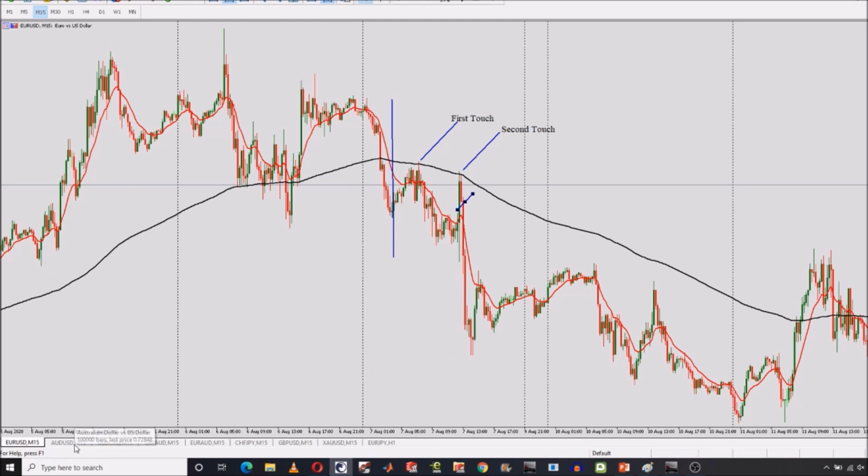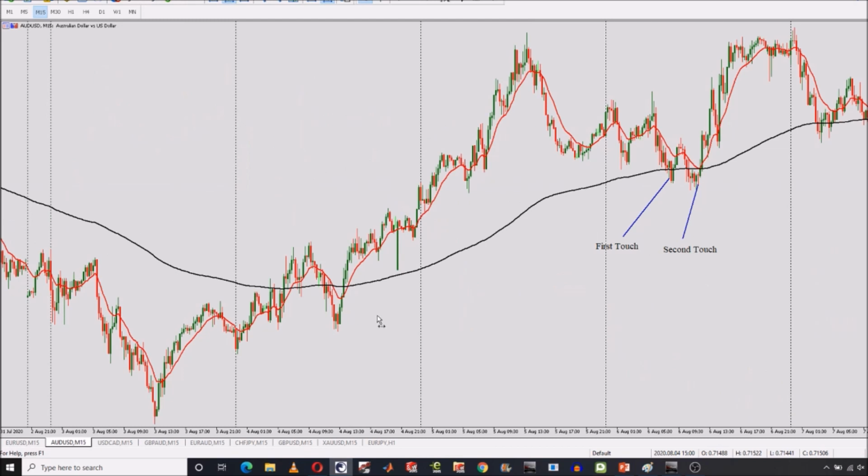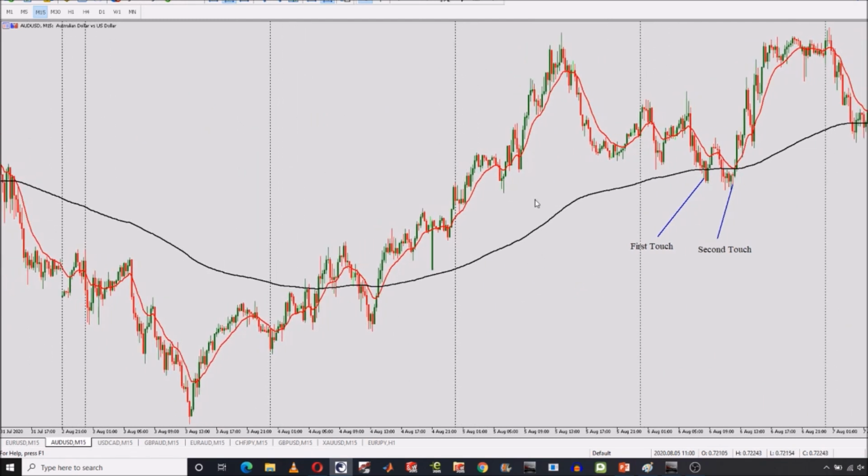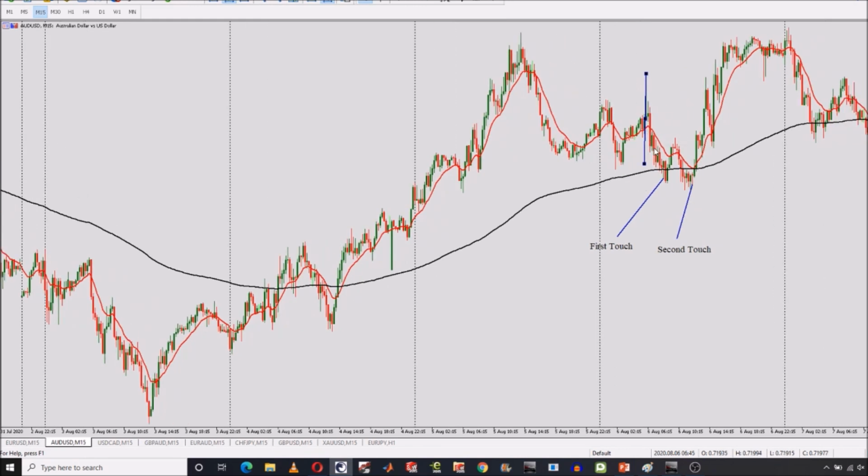So on our second example, this is euro against the dollar. After the Asian session, the Asian session completed at this point, and our scan started here.